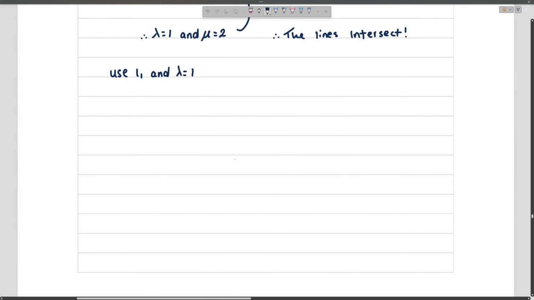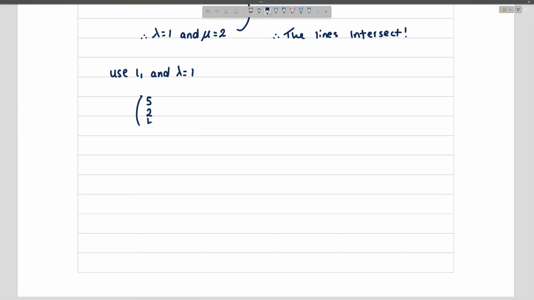So what I get here is (5, 2, 4), and (5, 2, 4) is the position vector of the point of intersection, the point A. In other words, the point of intersection. So there we have it. Hopefully nothing too challenging there for part B.